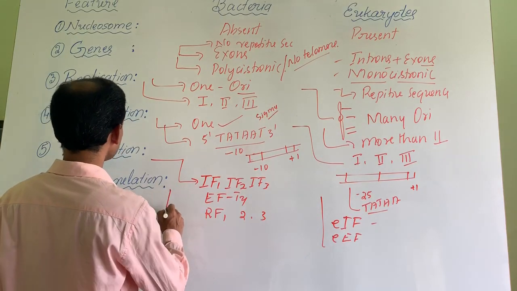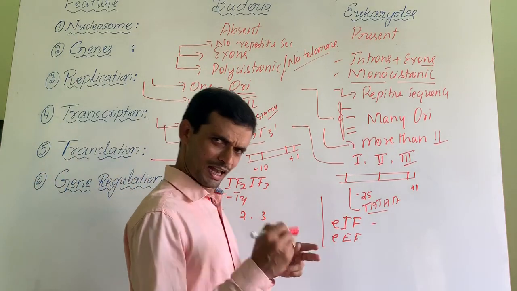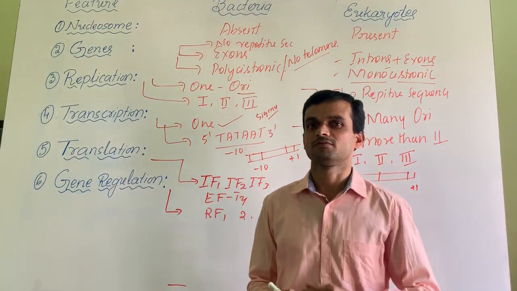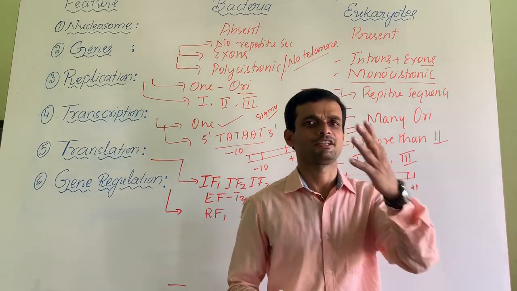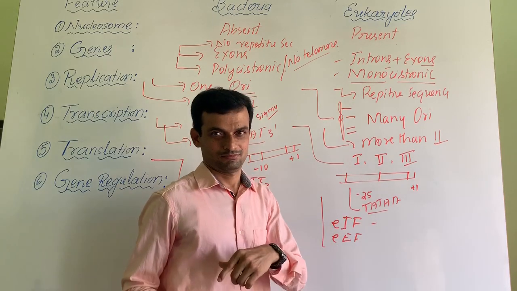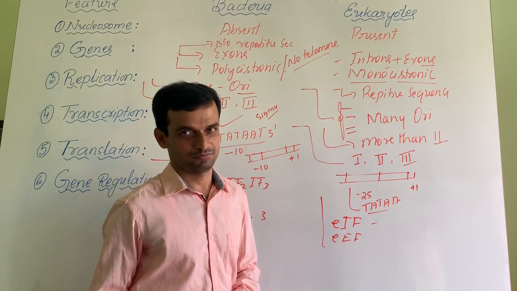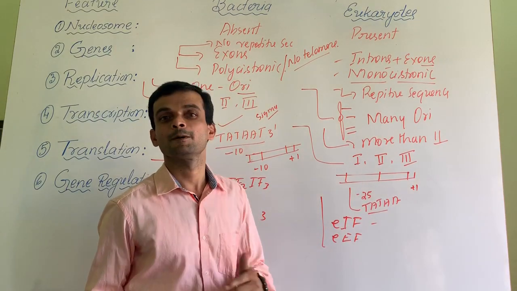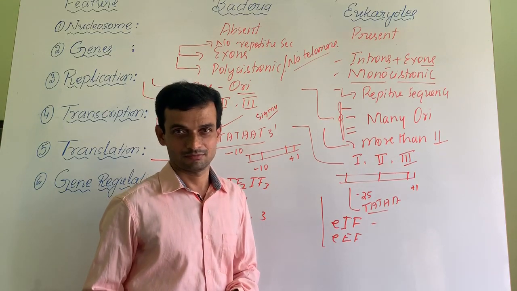Now look at the gene regulation mechanism. We have discussed the lac operon. Role of regulator gene: the regulator gene codes for repressor protein. Repressor binds to the operator. That is called switching off, because RNA polymerase cannot transcribe that lac operon segment.